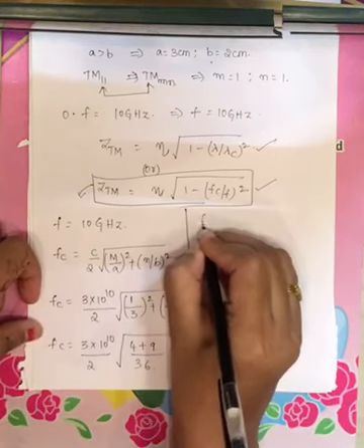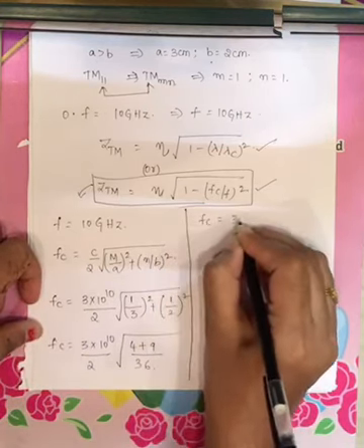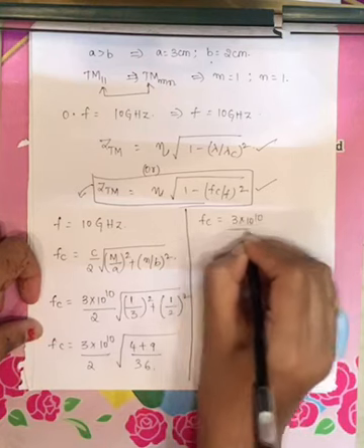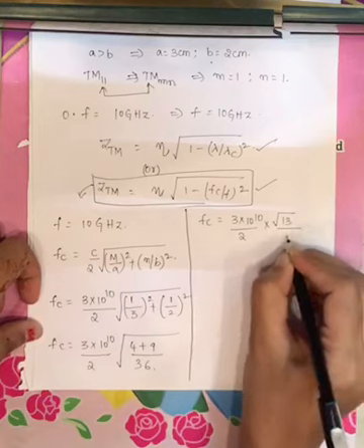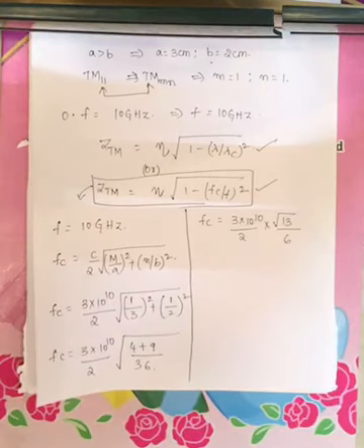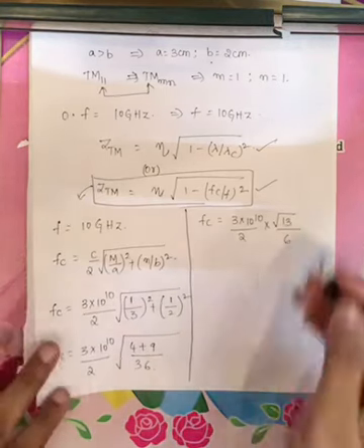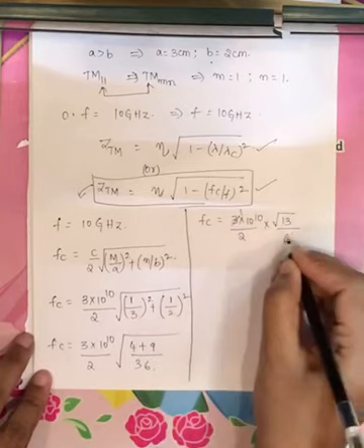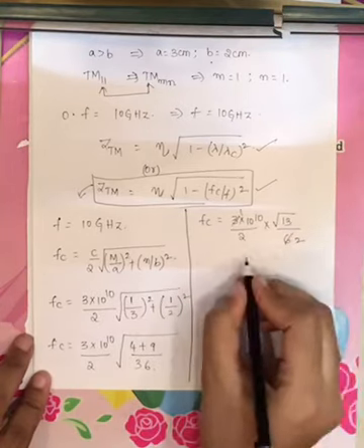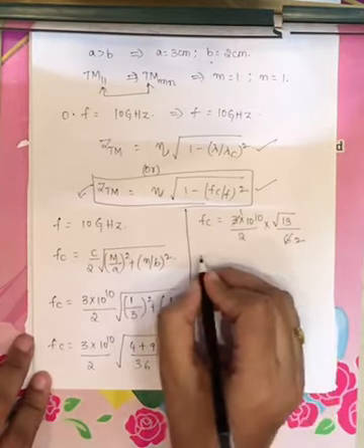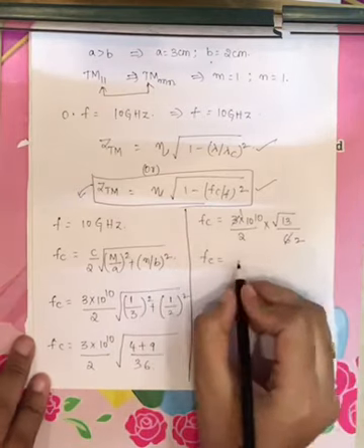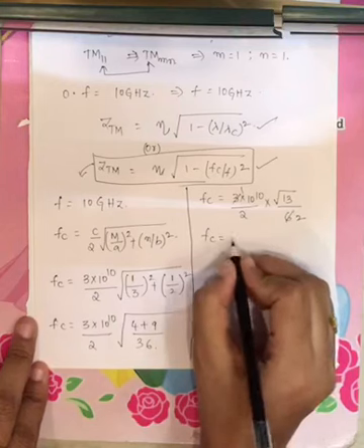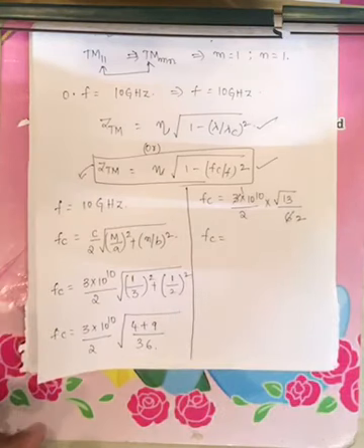And calculate fc, that is 3 into 10 power 10 divided by 2 into root 13 divided by 6. Under root 36 is 6. Now 3 ones are 3, 3 twos are 6. Now fc equals, what is the value of root 13?